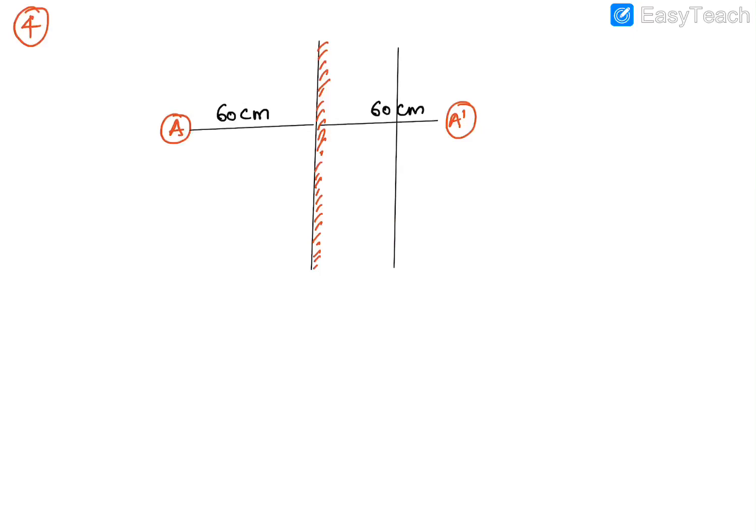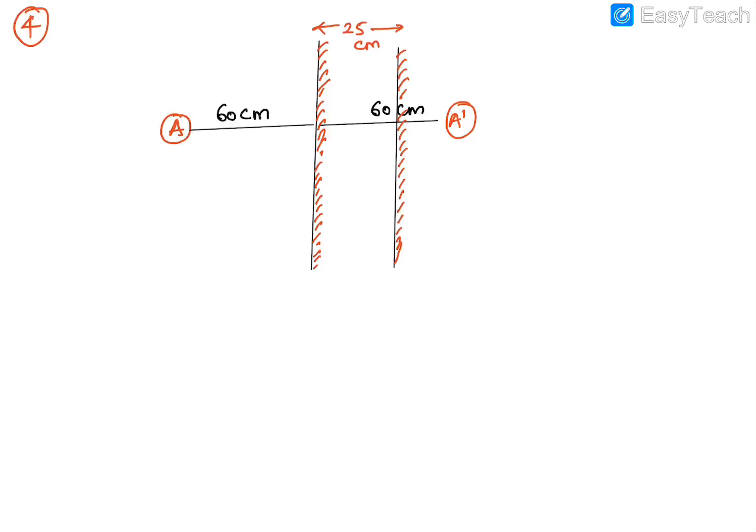The mirror is being pushed behind. Now by how much distance have they pushed the mirror behind? They say it is pushed behind by 25 centimeter. So this is 25 centimeter, that's the distance. Clear? Now what is the new distance of the object from the mirror?